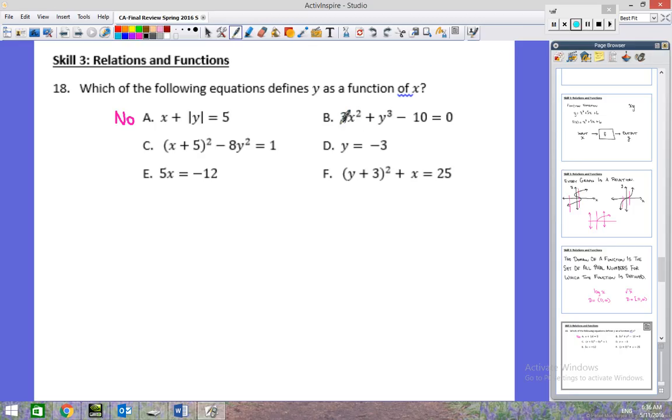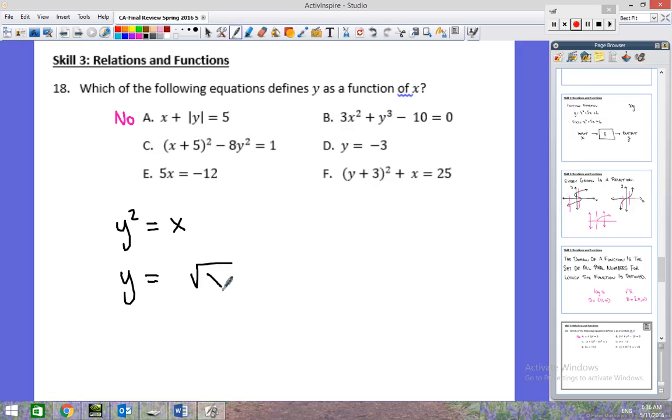When I have some type of expression here, like a polynomial expression, I need to look at the exponent on y and determine whether it's an even exponent or an odd exponent. If I have an even exponent, then to solve this equation for y, I would take the square root of both sides.